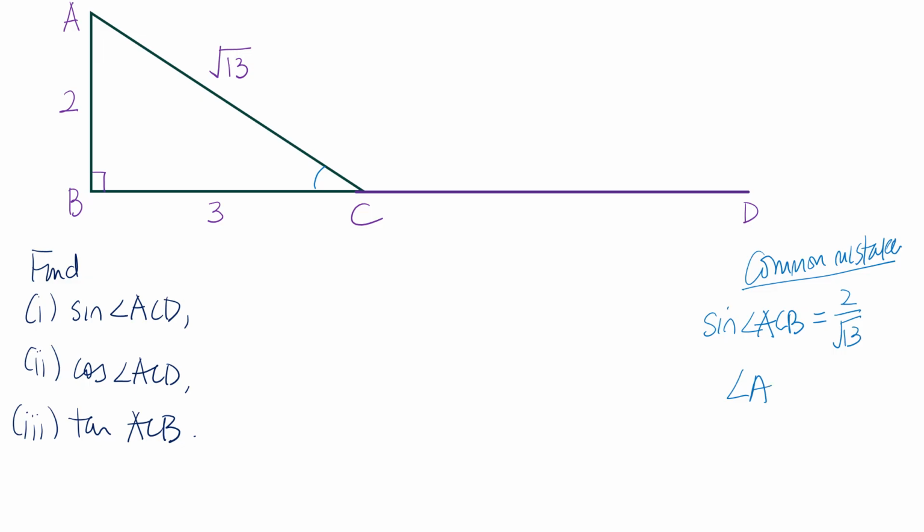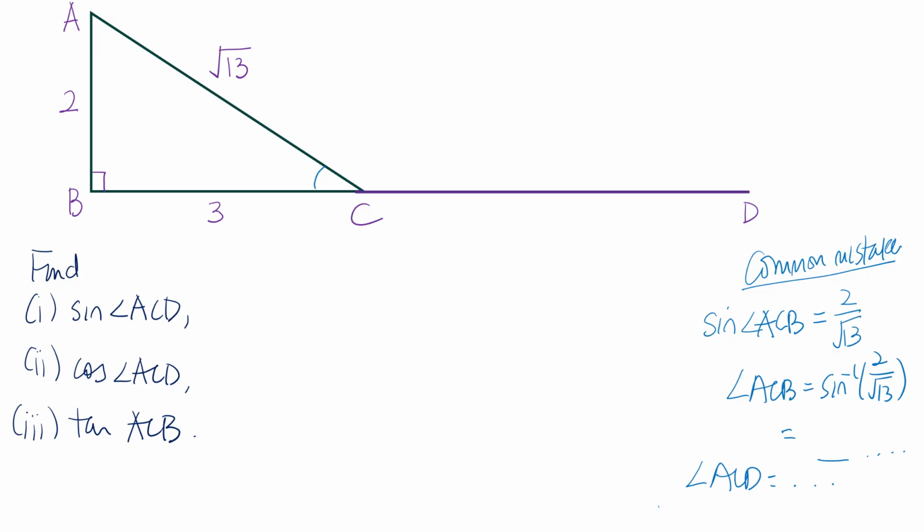Then they sine inverse this value, and they get an angle with a lot of decimal places, and they use 180 minus this angle to find angle ACD with a lot of decimal places, right?